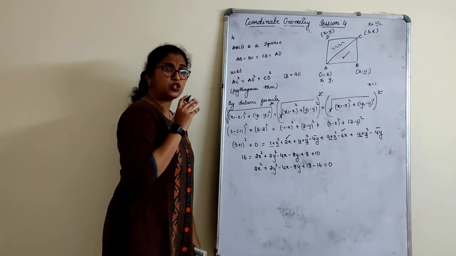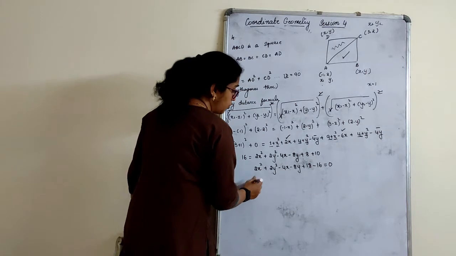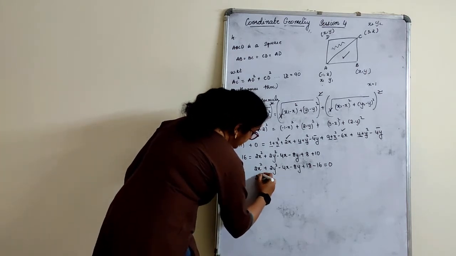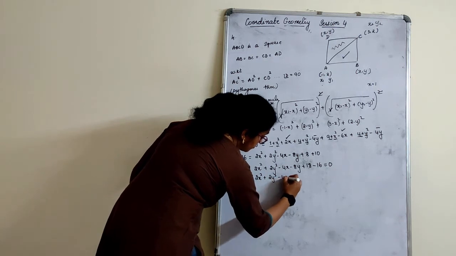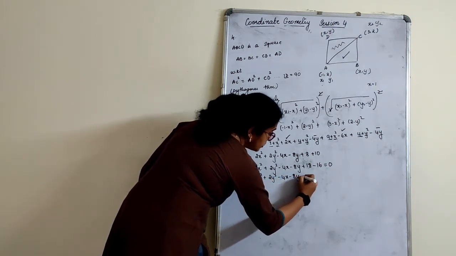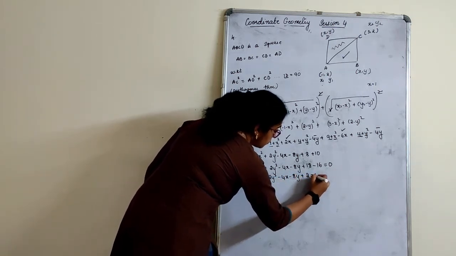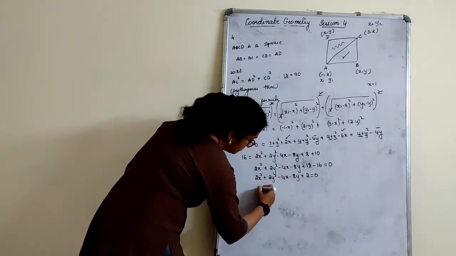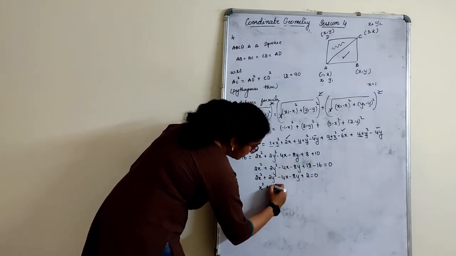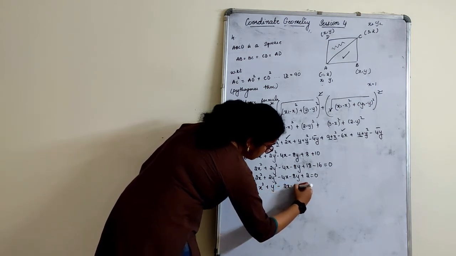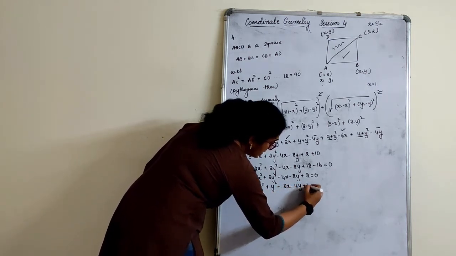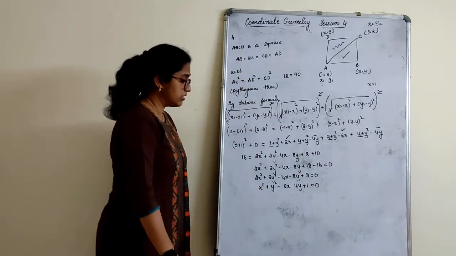Let's make the calculation very simple, step by step. 2x square plus 2y square minus 4x minus 8y plus 2 is equal to 0. Take 2 common: x square plus y square minus 2x minus 4y plus 1 is equal to 0.